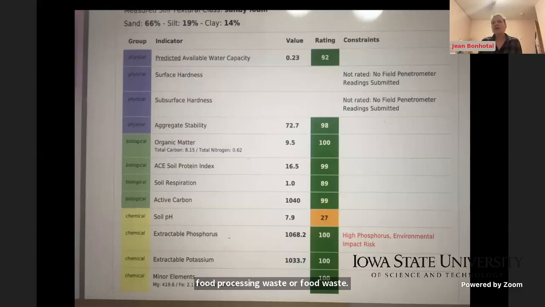This is just a test that we do for soil health. And I'm just putting this in front of you because this might be something that you would be reading to look at how your compost or your soil holds up in your gardens. And I won't read through this.